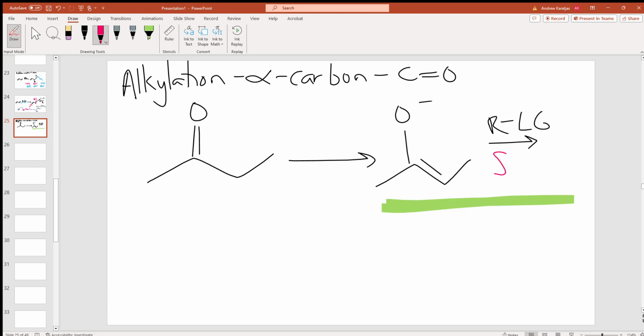If you're familiar with the SN2 reaction, then this second step, the alkylation, follows the exact same principles and guidelines of an SN2 because that's basically what it is. The enolate is our nucleophile, and whatever we use with that, the alkyl halide or whatever alkyl group that has a leaving group on it, is our electrophile.